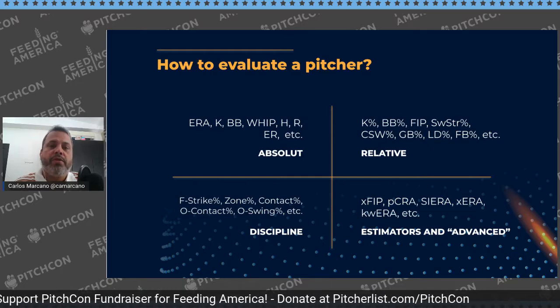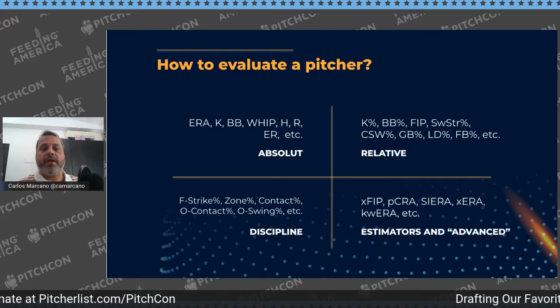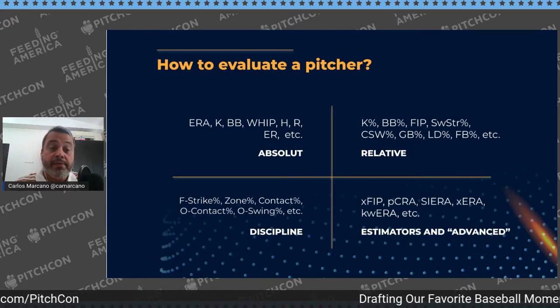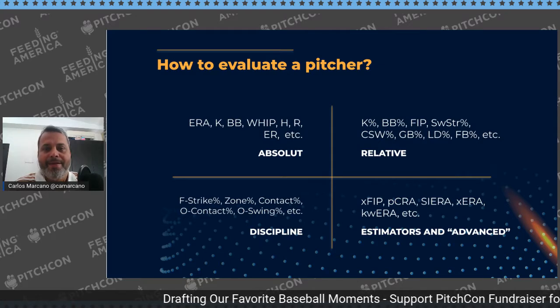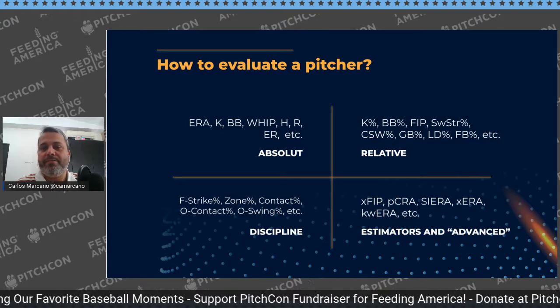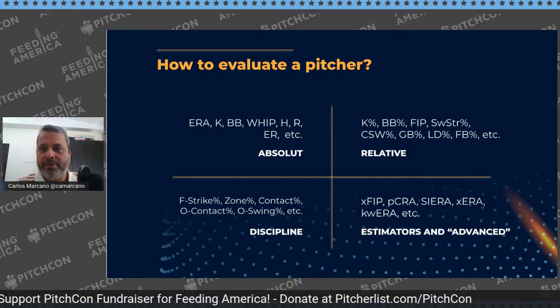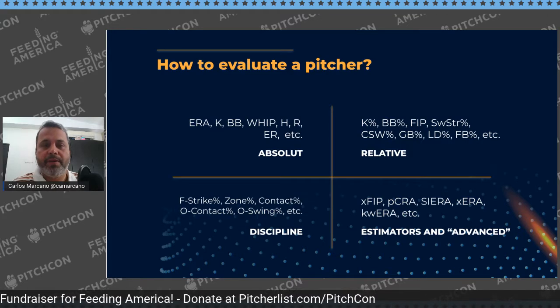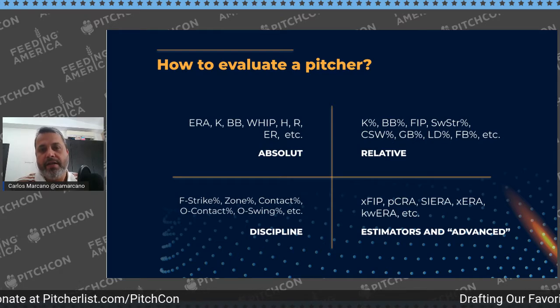And then we go to the most advanced things like xFIP, FIP, PCERA, even SIERA, all the way to measuring release points and vertical angles, things like Alex Chamberlain showed us in his great presentation a few days back.